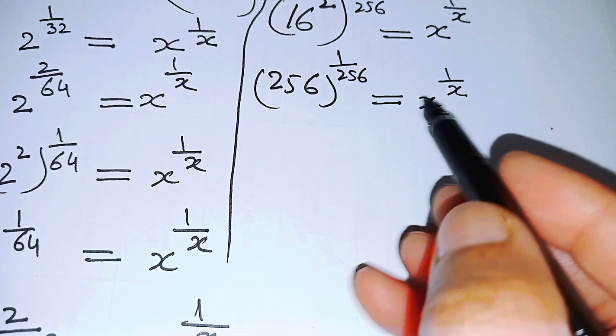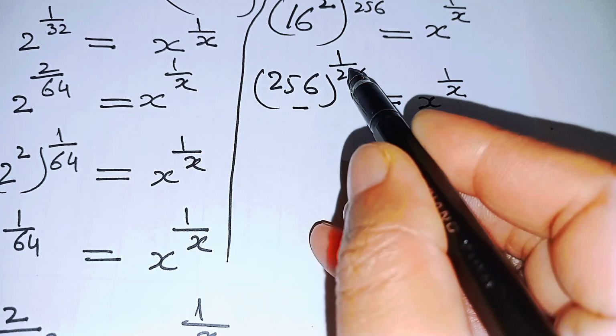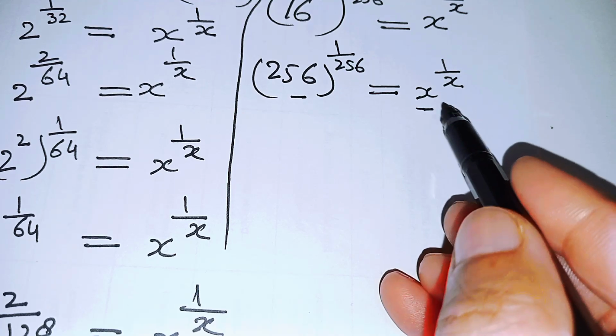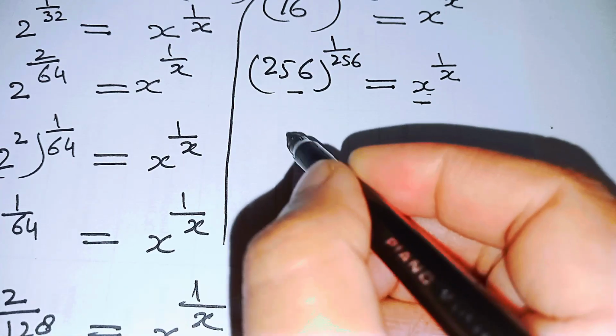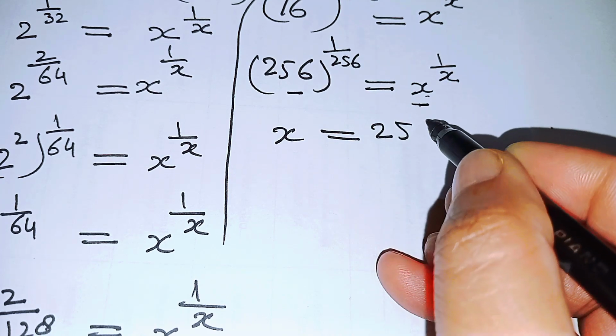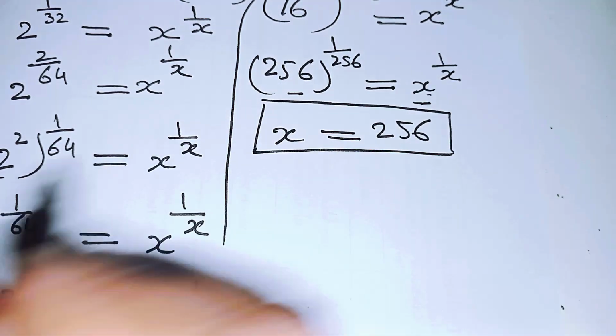Then here, like the same bases and same exponents, so here we use these bases and x is equal to 256, the value of x, and here it is our final answer.